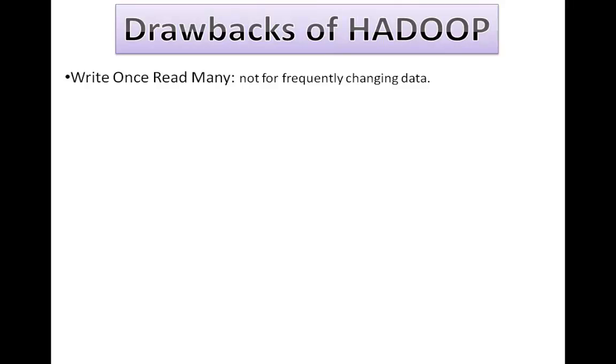And any system in the world is not perfect, and Hadoop also is not perfect at all. It has many drawbacks, such as being a write once read many system. It is not suitable for frequently changing data. I can only grab data and put it there. I cannot change it. Now, high latency. Since it works over GBs and PBs of data, I cannot expect it to return in 0.1 second, just like Google does.